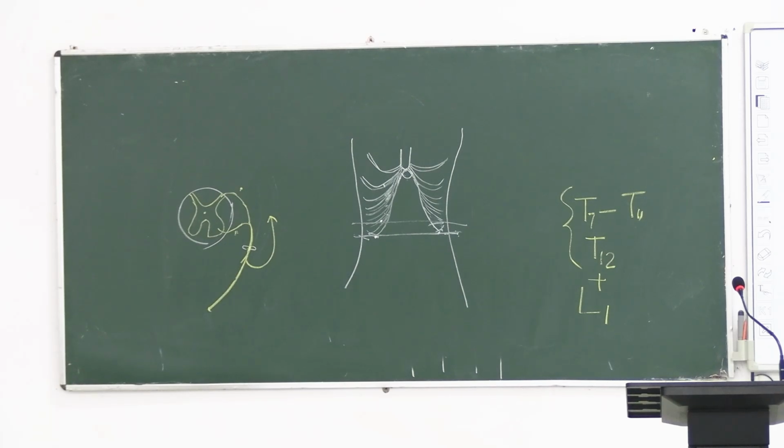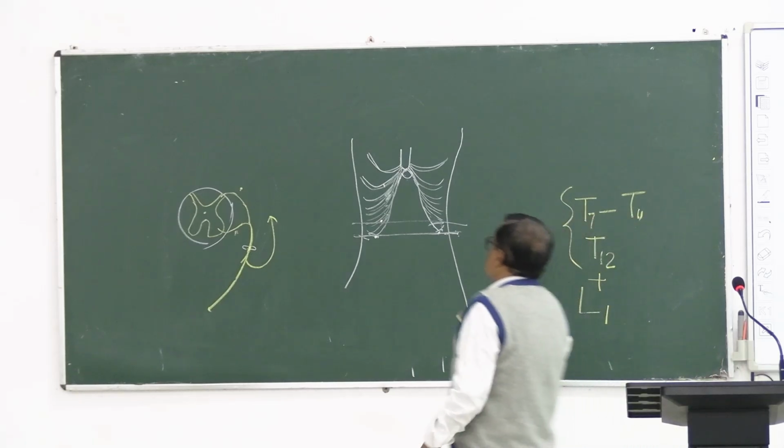Whole nerves? No, only the ventral, anterior primary rami of these nerves. How do they enter? T7, T8, T9, T10, T11 enter under the costal cartilage, through the origin of the internal oblique and transversus abdominis.